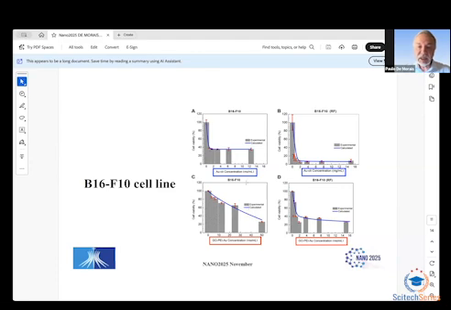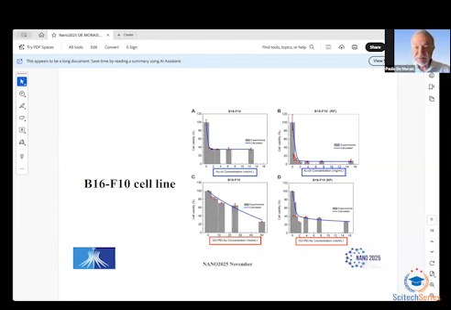On the left-hand side, without application of radiofrequency. On the right-hand side, panel D is after the application of radiofrequency for 3 minutes. Remember, it is half a megahertz and 5 watts in power. But if you look at C and D, they are completely different results, showing that D clearly has improved cytotoxicity. If you look at these four data sets, you may say, okay, radiofrequency induces some extra cytotoxicity, but how much?